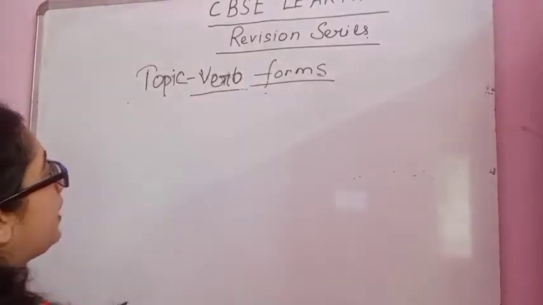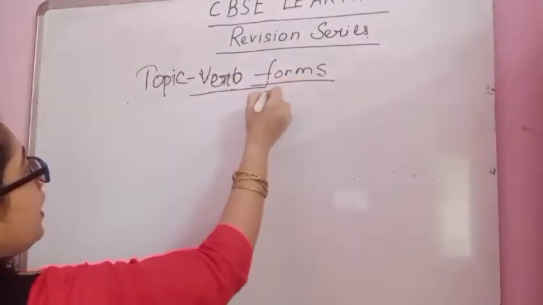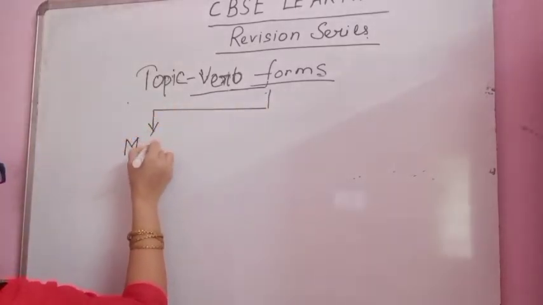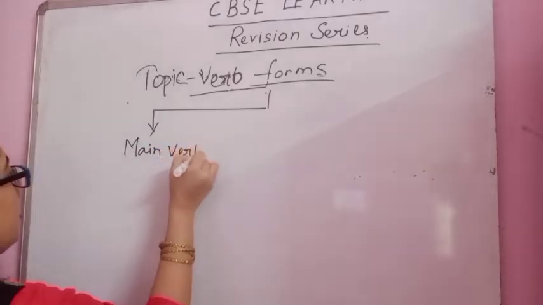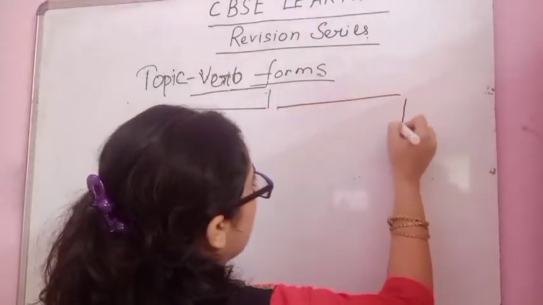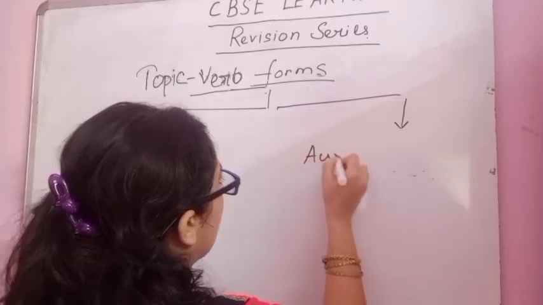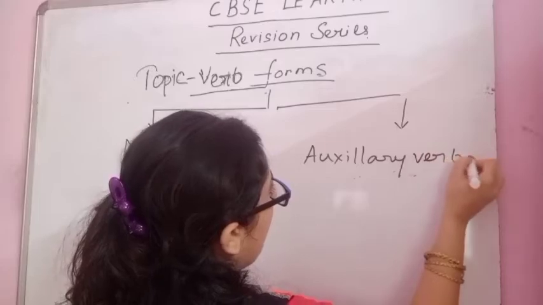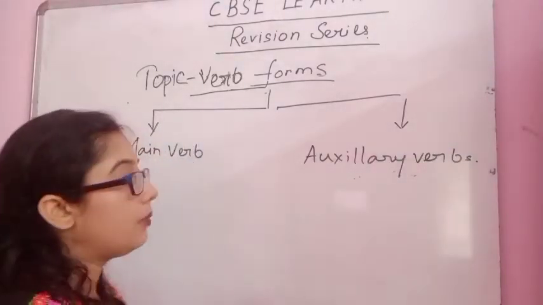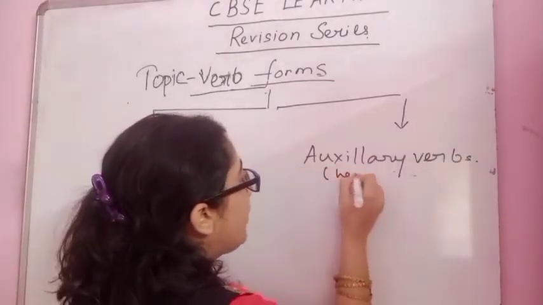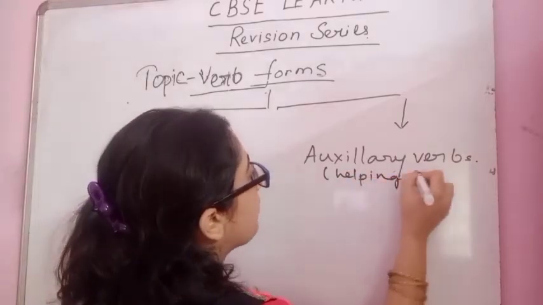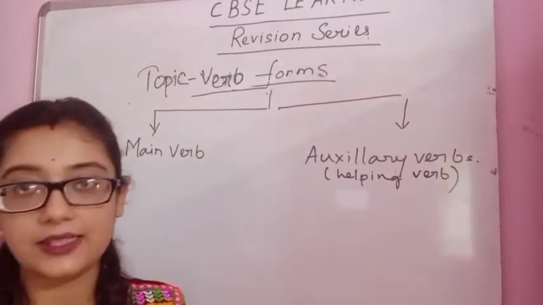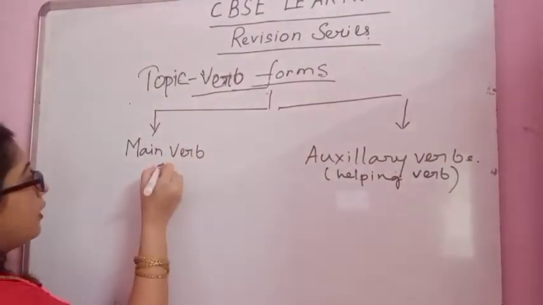The main thing will be verb forms, and further it is divided into main verb and auxiliary verb. Auxiliary verbs are also known as helping verbs. They actually help the main verb to make sense in a sentence.